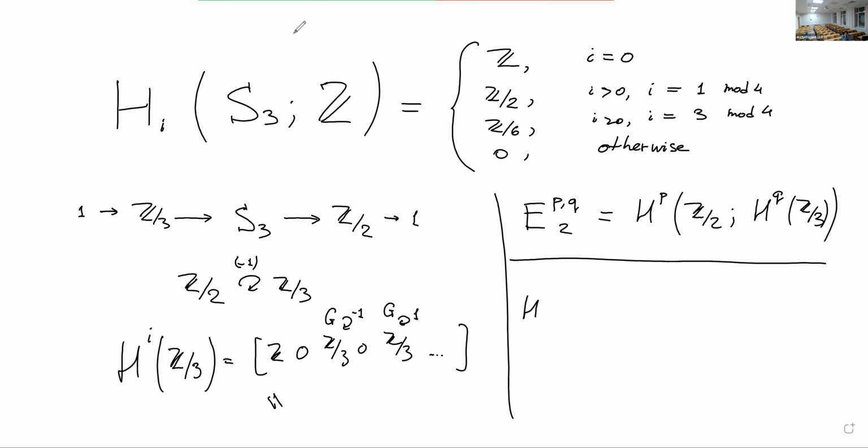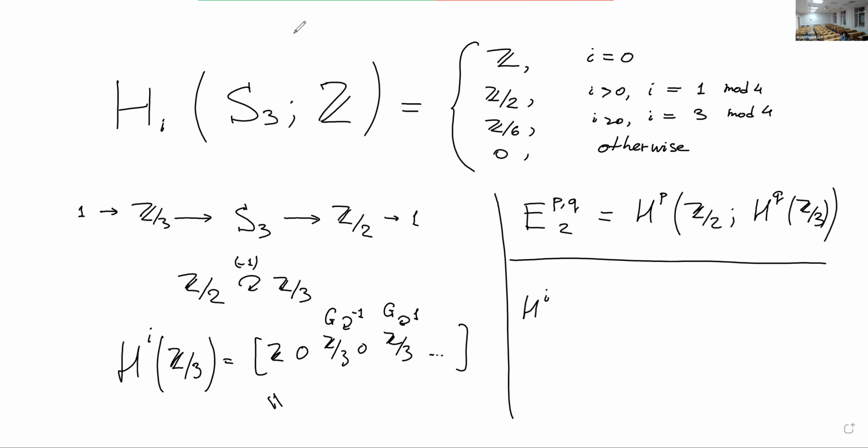Okay, so 2 and 3 are coprime, and as a result, the cohomology of Z/2 with coefficients in Z/3 with trivial action is 0, except in degree 0, in which case it's Z/3. Okay, this needs to be checked, but I think it is true.